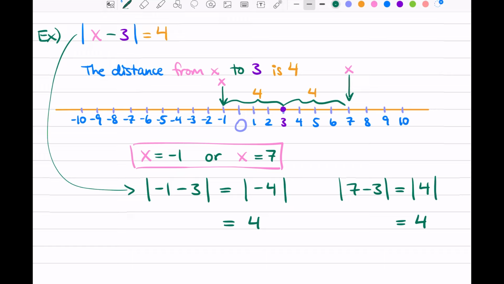So we started with our clues at the top and we made a sentence out of them. Once we had our sentence, we could draw a picture on our number line, which allowed us to quickly find x. So if you follow this step-by-step process in each of the problems, you'll find that your search for x goes pretty smoothly. So let's try another one.